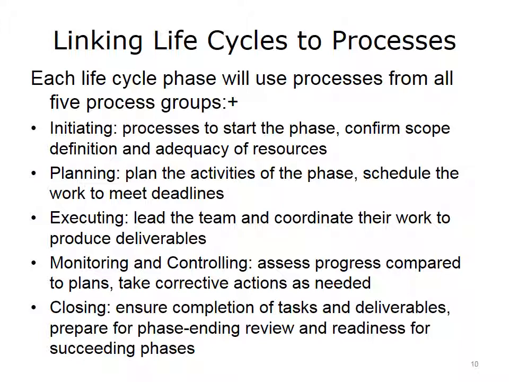Not only does a project provide an opportunity for you to use all 5 process groups, but so does each individual life cycle phase. If you consider each phase as a self-contained entity, you can, for example, use processes from the initiating process group to help you start a phase, confirm the scope definition, and confirm the adequacy of resources.